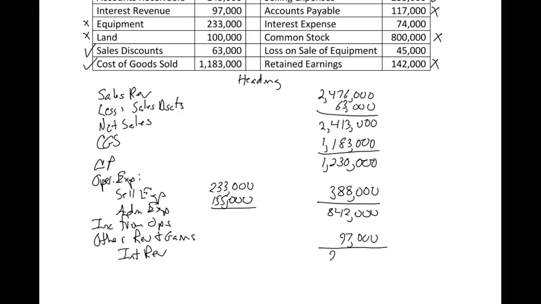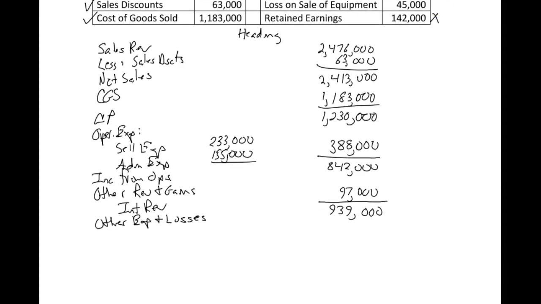All right, so that has a subtotal there of 939,000. So that got added because it was a revenue. All right, and then we're going to have other expenses and losses as our next section. All right, let me scroll down a little bit here.